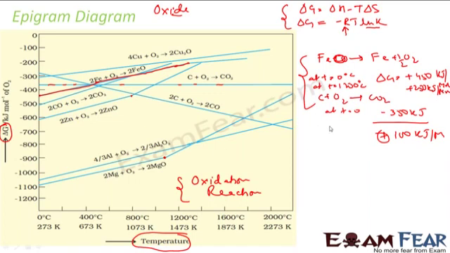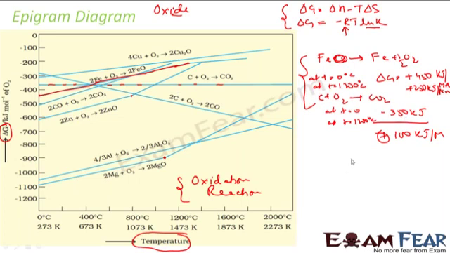And now let's talk about this reaction at T equal to 1200 degrees Celsius. For the carbon reaction, the dashed red line at T equal to 1200 is almost the same, minus 350, same value.